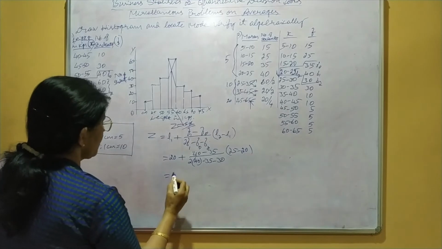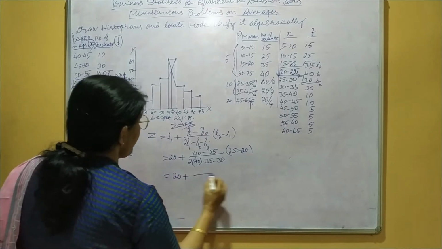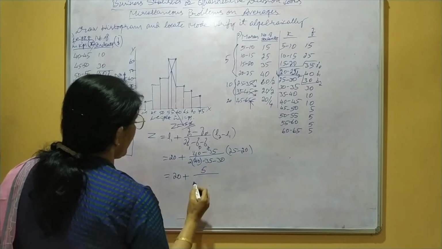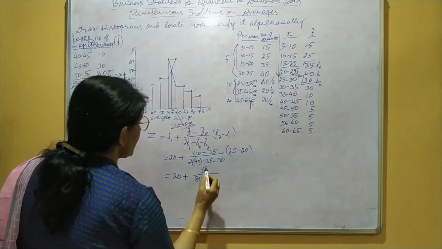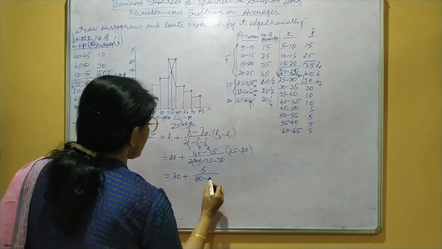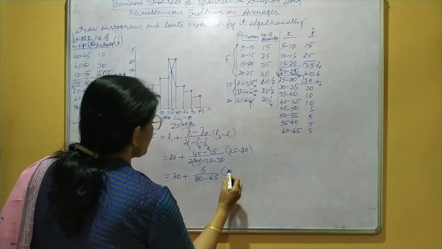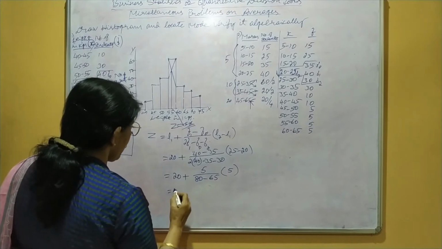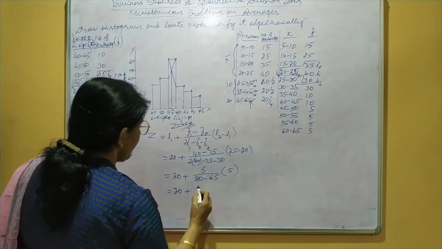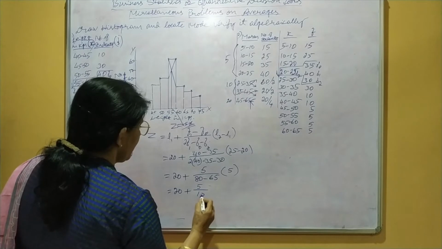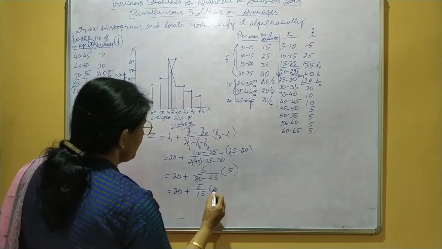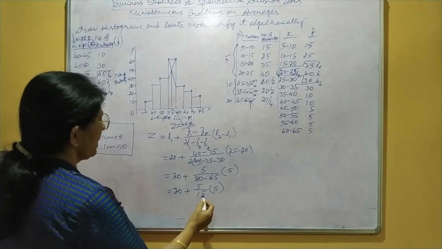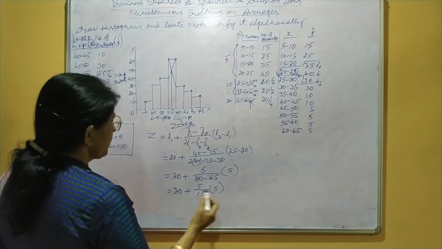Equals 20 plus (40 minus 35, 5) divided by (2 into 40, 80, minus 35 and minus 30, 65) into (25 minus 20), equals 20 plus 5 divided by 15 into 5. 80 minus 65 is 15, into 5.